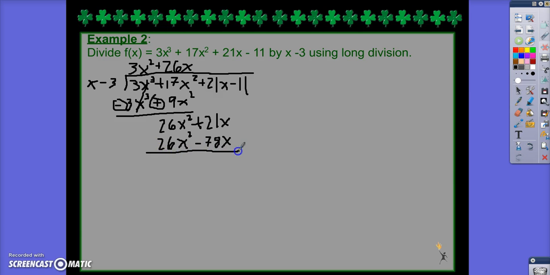Draw my line. This positive becomes negative. This negative becomes a positive, and I like to circle it so I remind myself that I completed the opposite sign. These go away. 21x plus 78x is 99x.